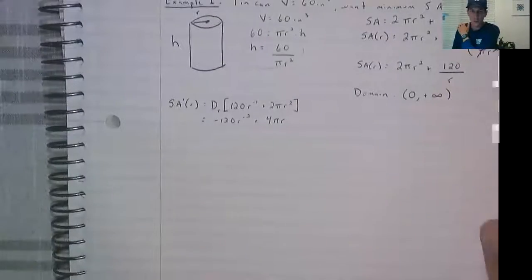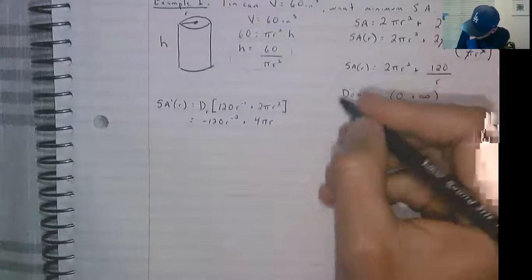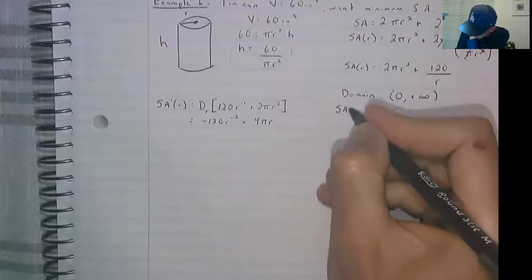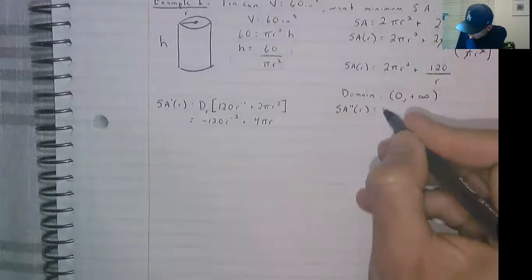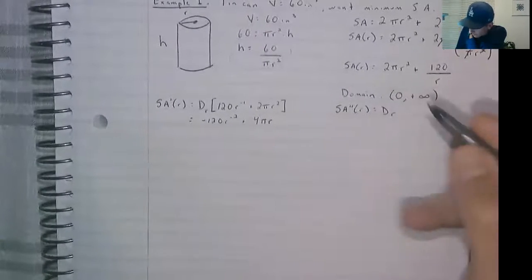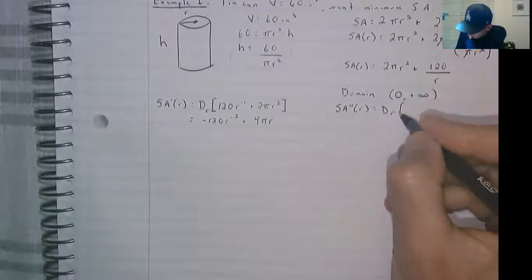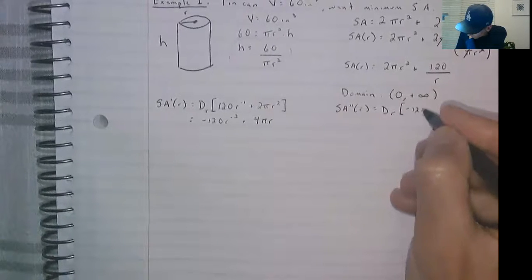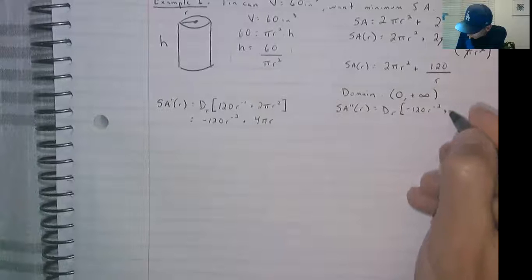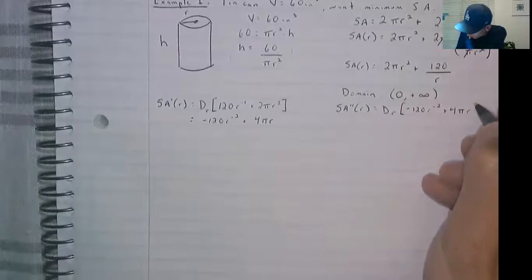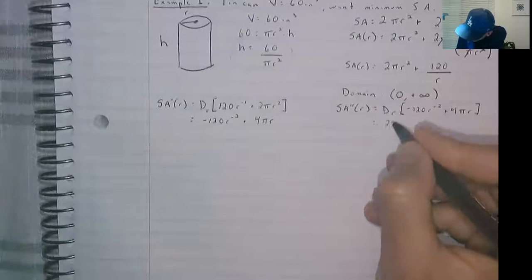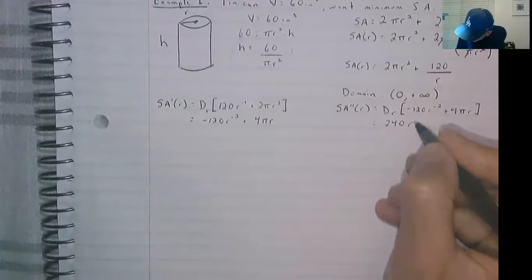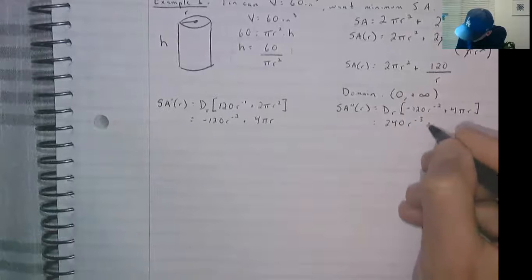So since we're in the computational mode, let's just go ahead and do the second derivative as well, which is the derivative with respect to R of negative 120 R to the negative second plus 4 pi R, which is going to be positive 240 R to the negative third plus 4 pi.